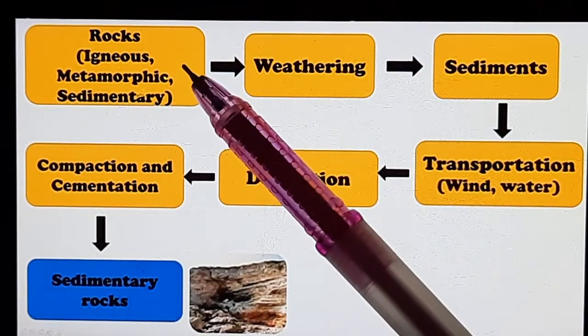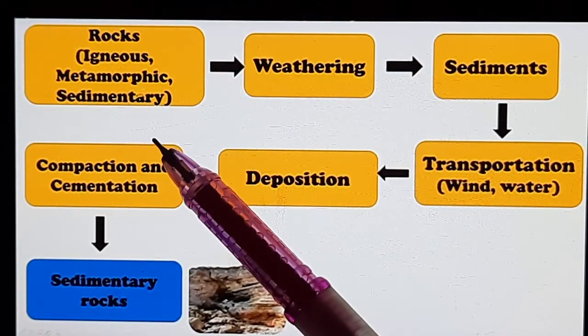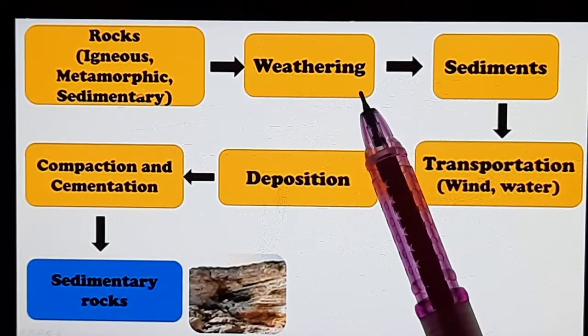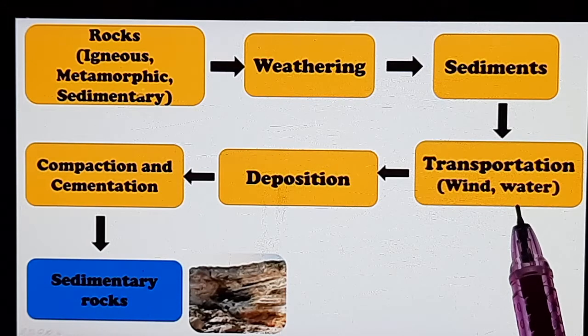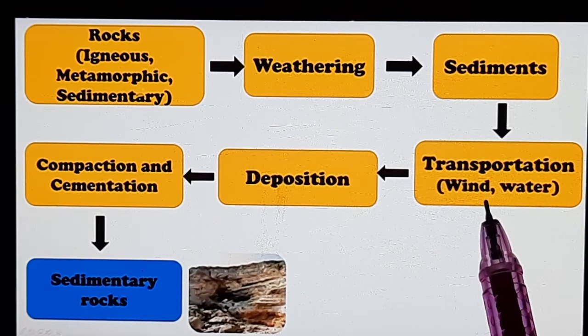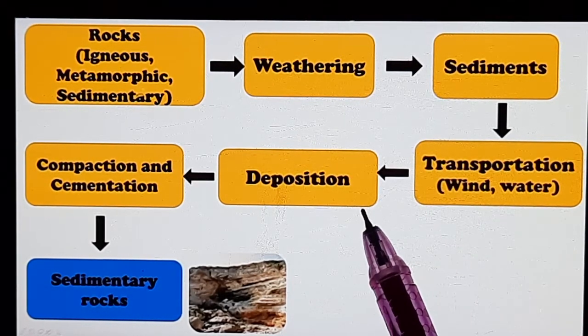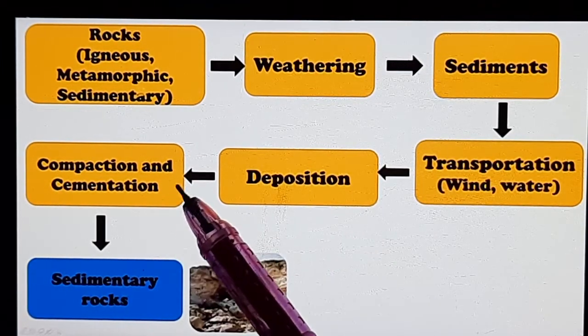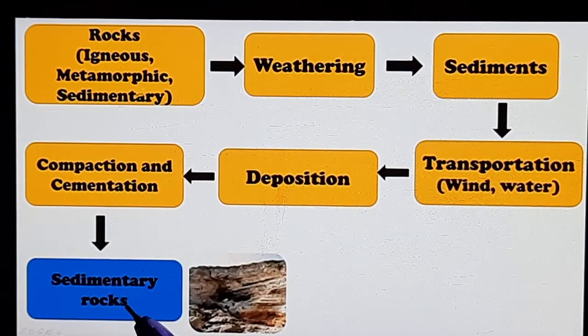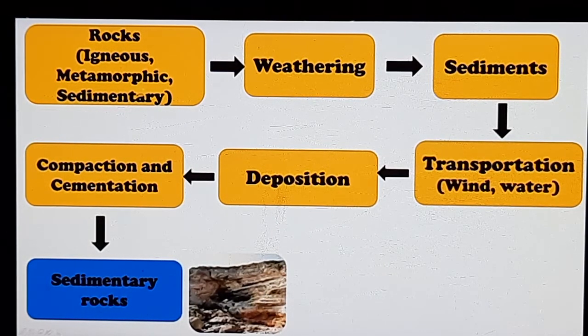As you know, rocks are igneous, metamorphic and sedimentary. But what is their weathering? Then sedimentation. Then transportation with the help of which thing? Wind and water. Then deposition of layers. Then compaction and cementation. And what does it make? Sedimentary rocks.